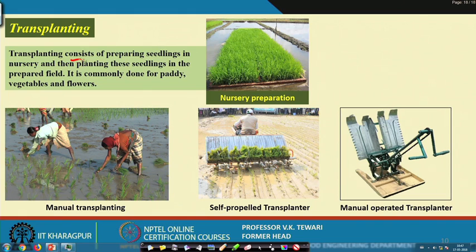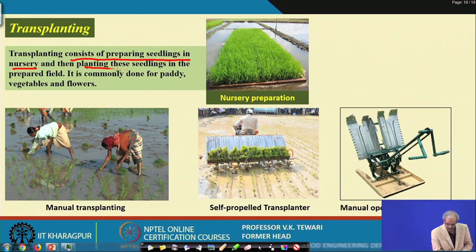Transplanting consists of preparing seedlings in a nursery. The location where we prepare them we call a nursery, and then planting these seedlings in the prepared field in which we actually want them, and that way definitely we save a lot of the total amount of seed. It is mostly followed for paddy very largely.